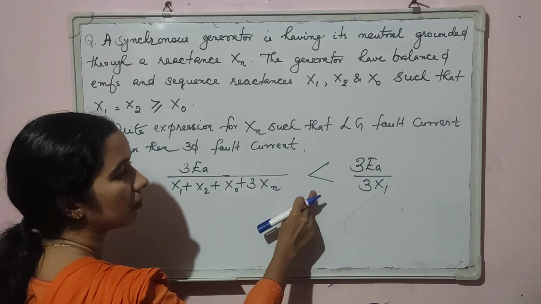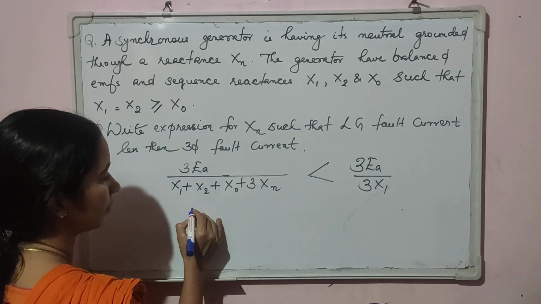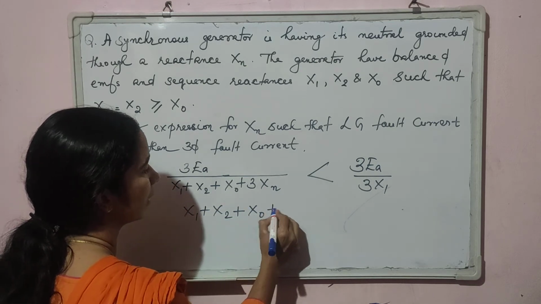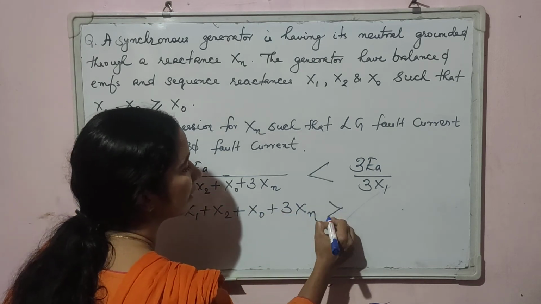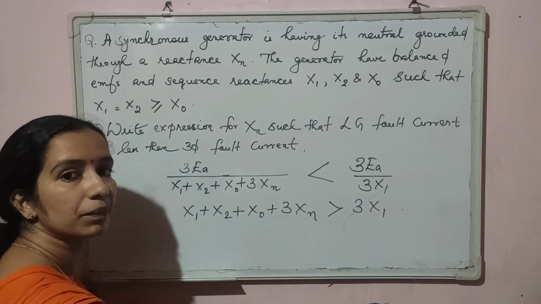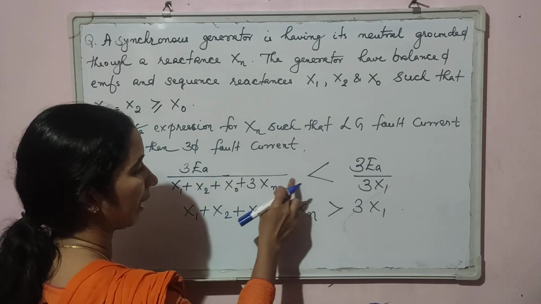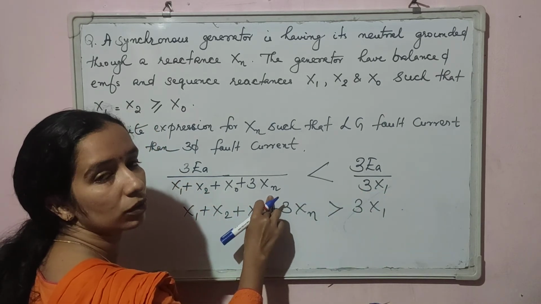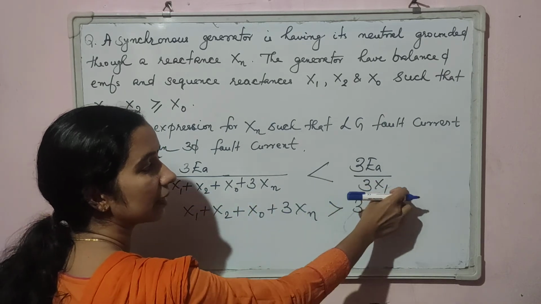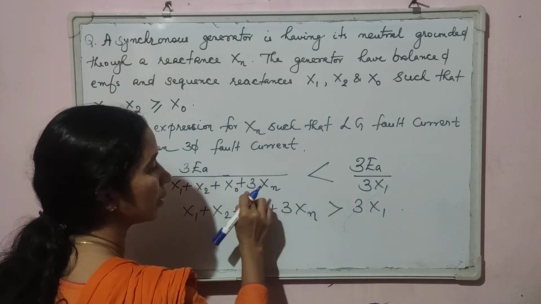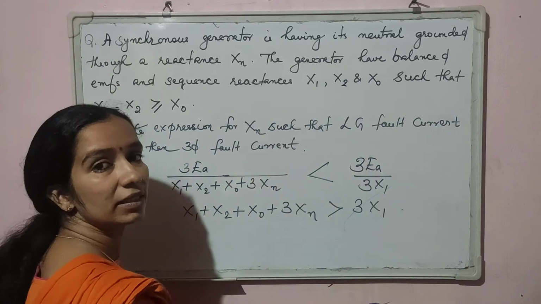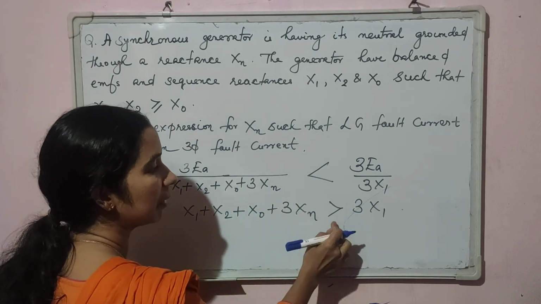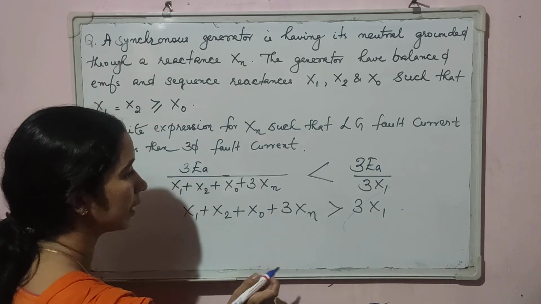A fraction being less than another fraction means its denominator is more, as the numerators are the same.